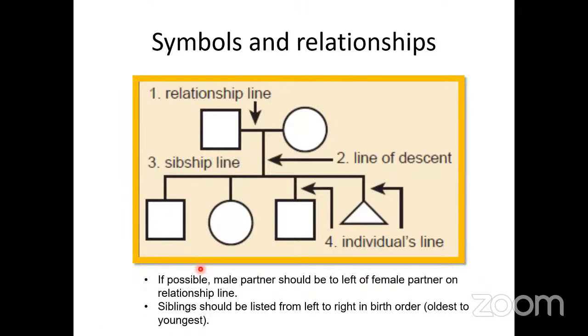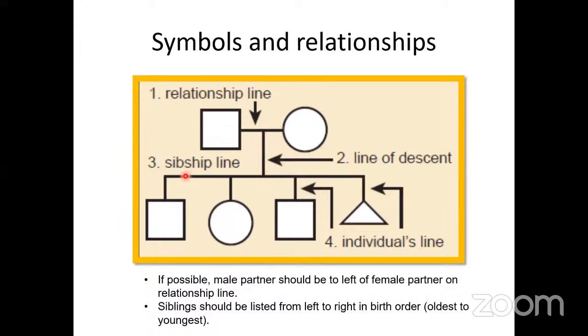Now, the next important step in pedigree writing is the relationship lines. There are 4 lines which we usually see in a pedigree. Line number 1 is called the relationship line. This is a horizontal line between 2 individuals. So these 2 are married. The vertical line is called the line of descent.